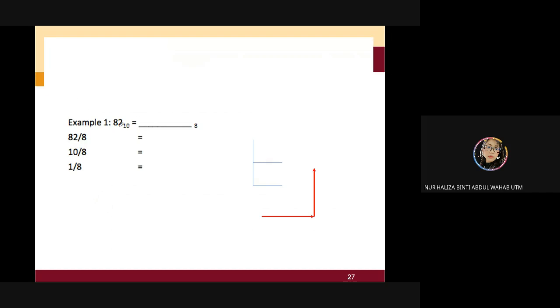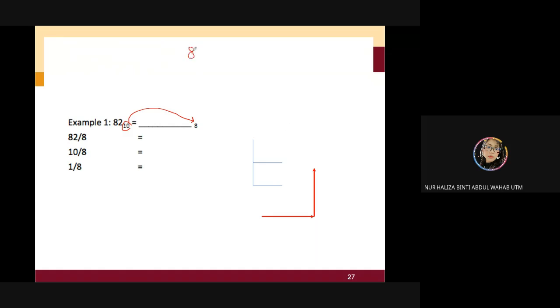Let's say you have the example of 82 decimal. You want to convert it into octal. As mentioned, you're going to apply successive division, which is repeating the division again and again.